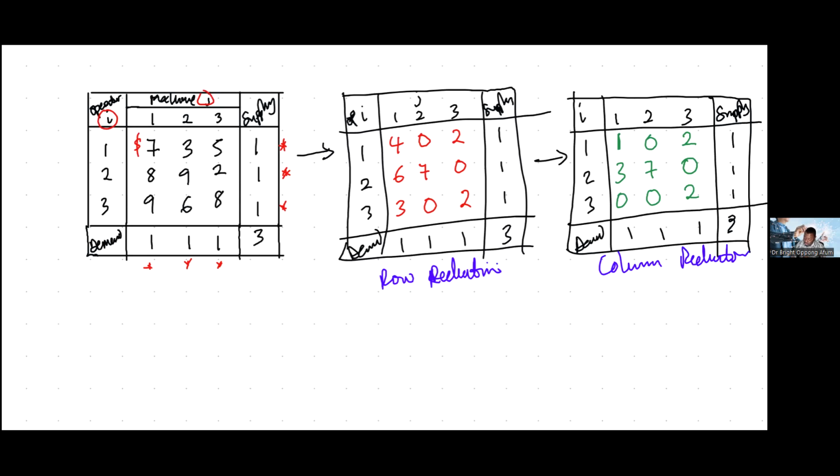On the first row, we have 1, second row 2, third row 2. So we'll cancel this first. Then we'll look at the next number of zeros here, 1 in each row.